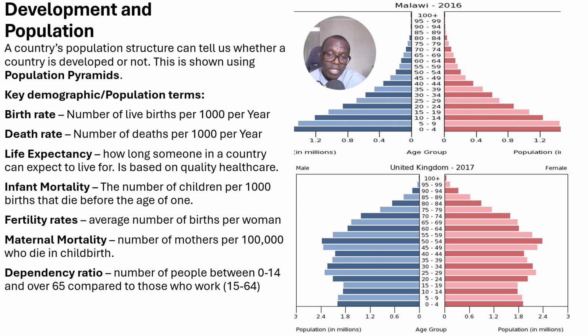That obviously again is indicating that in terms of healthcare provision, Malawi may not have as good a healthcare provision as the UK, where that is not necessarily the case, because here in the UK it looks like the number of middle-aged people is a lot more than we have in Malawi. So these two population pyramids, if we were to find them in an exam, we should be able to distinguish which one is showing us a low-income country and which one is showing us a high-income country.